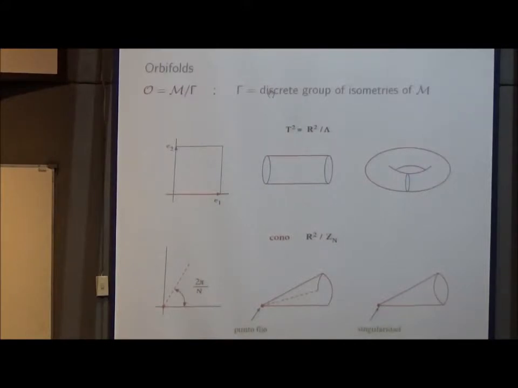Okay? So now you will identify this line with this here, and when you close it, you see you get the cone. But now there is this singularity, and this singularity is coming because the origin is fixed by the rotation. So when there are fixed points, there will be a singularity.